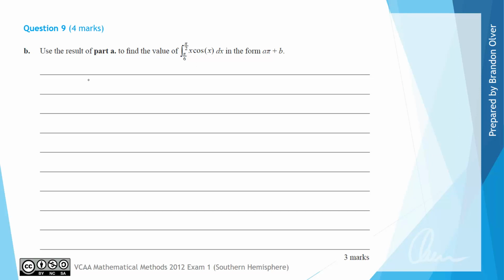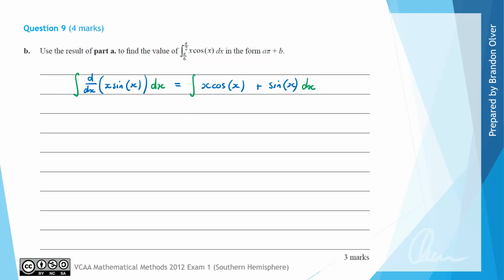The information we had from part A was that the derivative d dx of x sine of x was equal to x times cos of x plus sine of x. Now if we were to integrate both sides of this equation with respect to x, we would still have an equals statement.